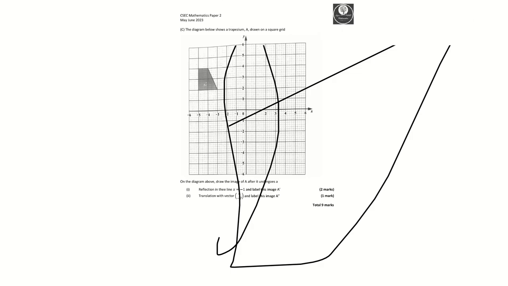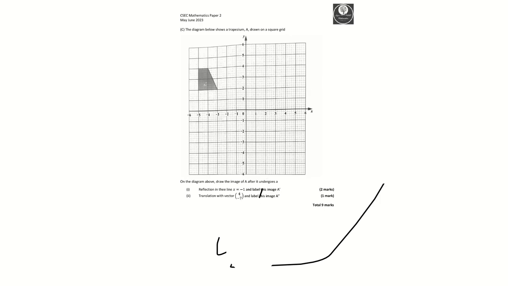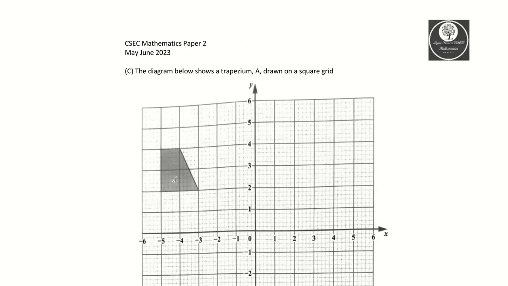Right, let's do C. Now, if you look at C, let's just zoom in. Right.